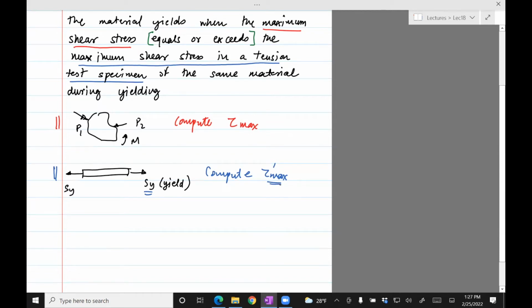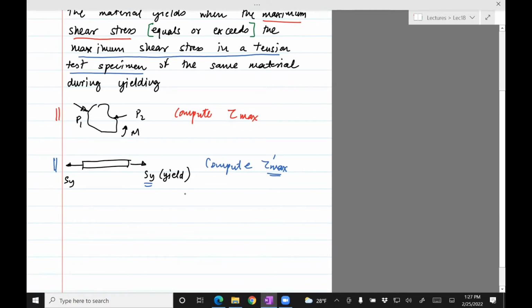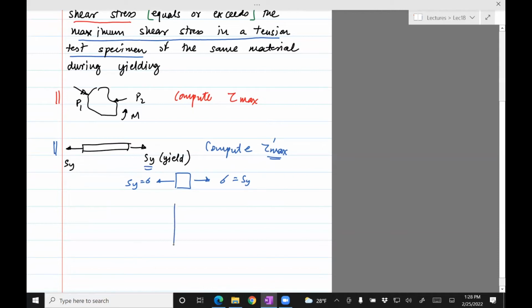So given this yield strength, how do you compute tau max prime? One way is to use transformations, that is, the plane stress transformation formulas I gave you. The other way is to use Mohr's circle. I'll just use Mohr's circle, it's much easier. We're looking at a specimen which has just these stresses. If you draw the Mohr circle, sigma y is 0 and sigma x is Sy.